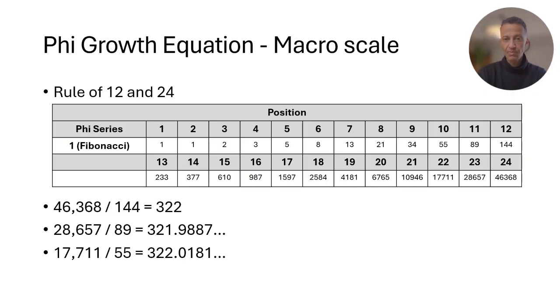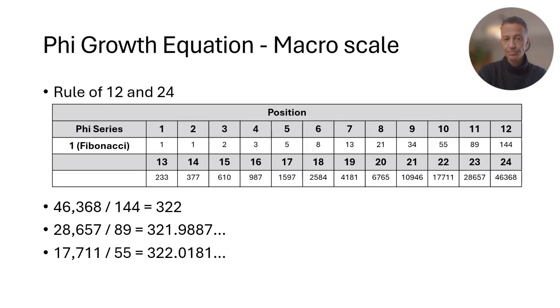So let me take a look at the 10th and 22nd position values. 17,711 divided by 55, and in this case I got 322.0181. So somehow something was different about the 12th and 24th position, or we can say that maybe something is missing. Somehow that 322 really stood out for me. My intuition informed me that that value was important.